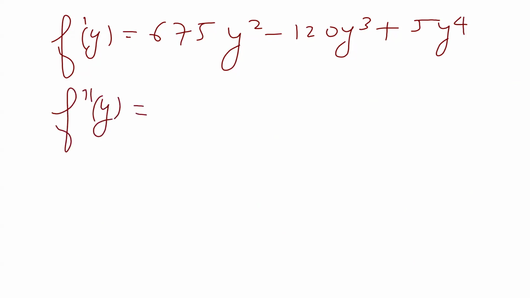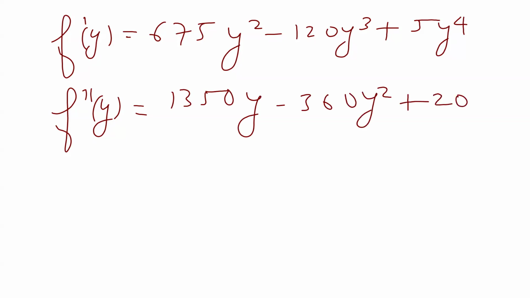I'll go ahead with f double dash y. So what is f double dash y? 675 into 2, 1350y minus 360 y square plus 20 y cube.